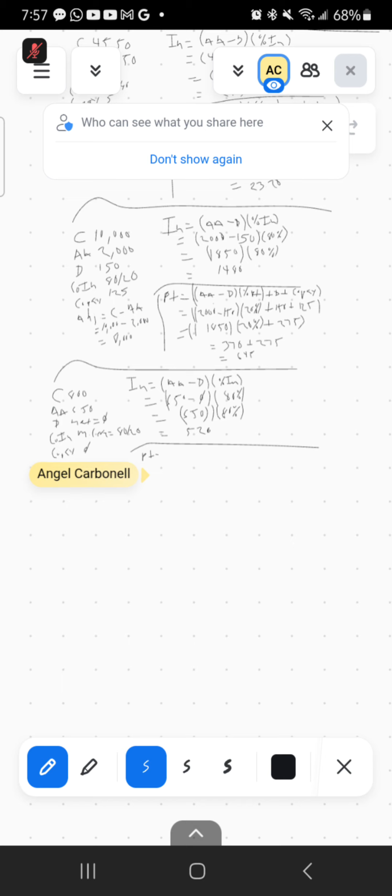Then let's see what the patient has to pay. The patient will pay the allowed amount minus deductible times the percentage for the patient. I think that's it. It's super dirty. That whole thing, we're gonna add deductible plus copay.